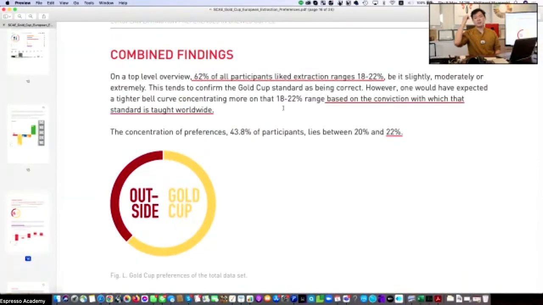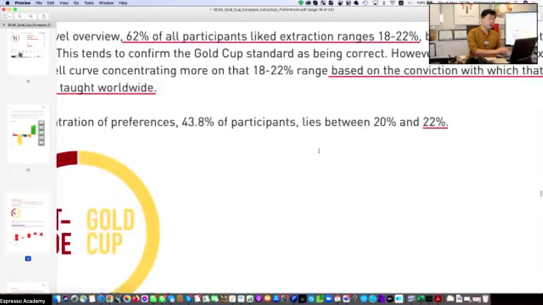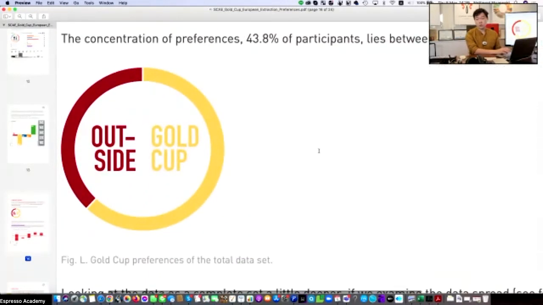Before we can say something about it, we don't want to just use our personal experience or the local experience and just say, okay, people don't drink 18 to 22% anymore. So the survey will help you confirm or reject your hypothesis, okay?